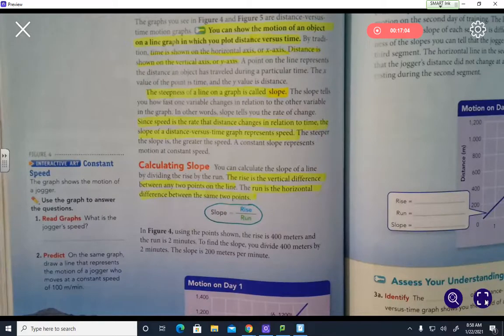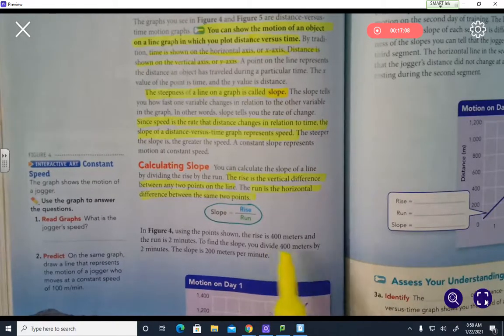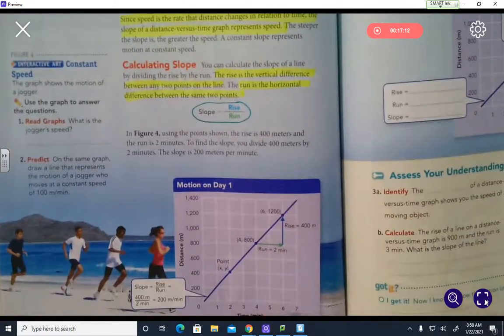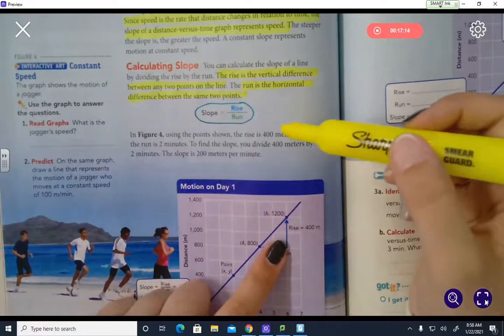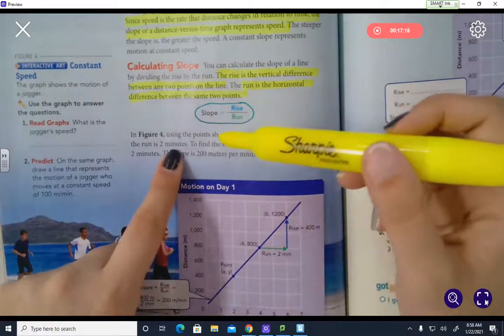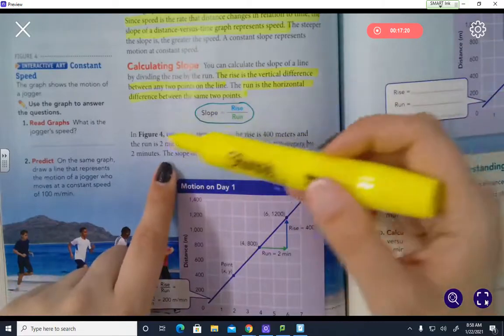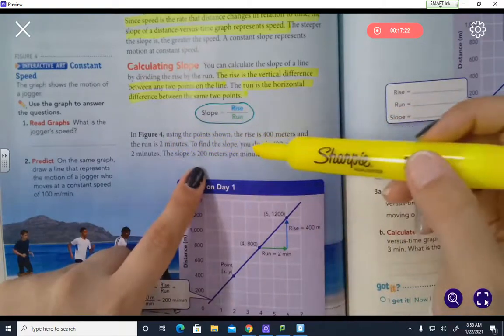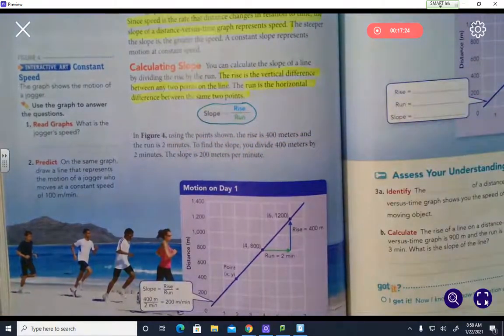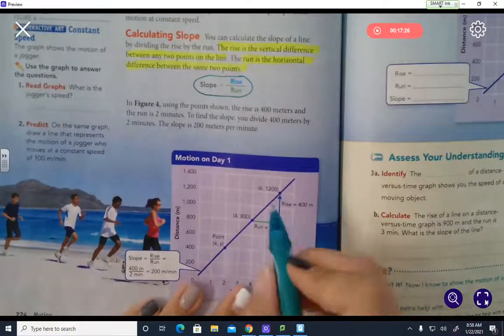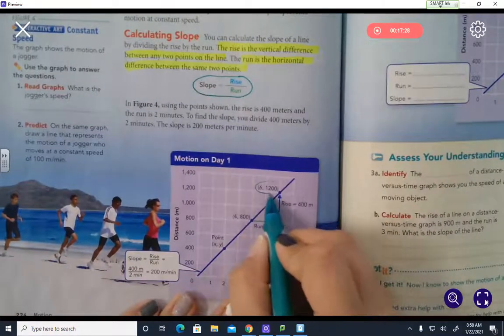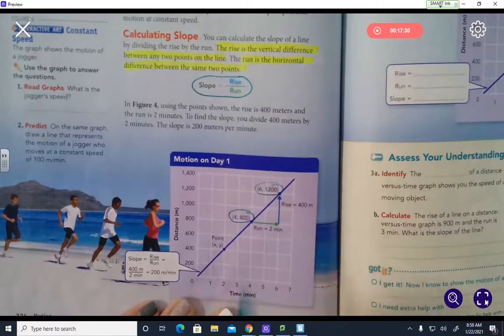In figure 4, using the points shown, the rise is 400 meters, so figure 4 is down here. The rise is 400 meters and the run is 2 minutes. To find the slope, you divide 400 meters by 2. The slope is 200 meters per minute. So what they did was they took this point here and this point here.